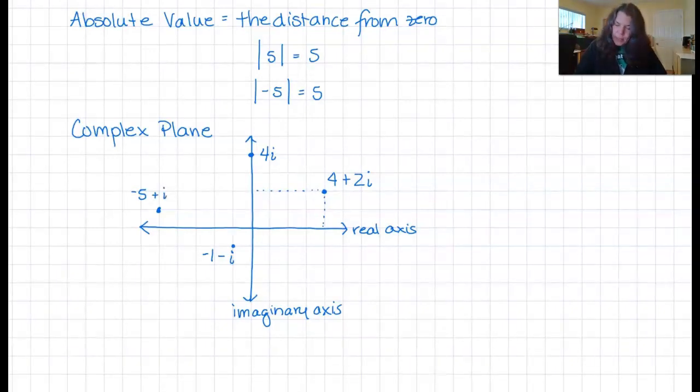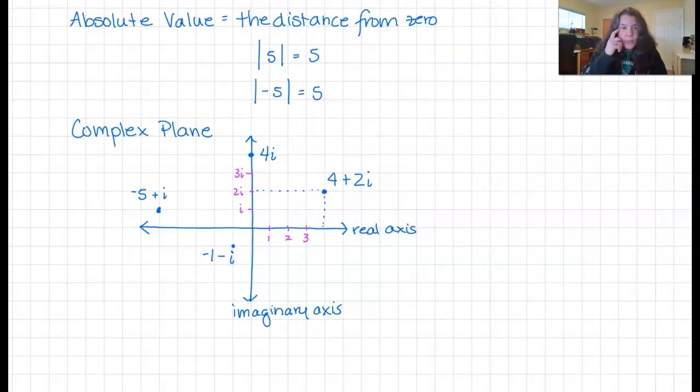By the way, in case you were wondering if I was going to label the axes, this would be i, this would be 2i, 3i, and so on. And then you have the negatives down below, negative 1i, negative 2i. I just don't have a good place to put them. This would be 1, 2, 3, and so on. So that's the complex plane.